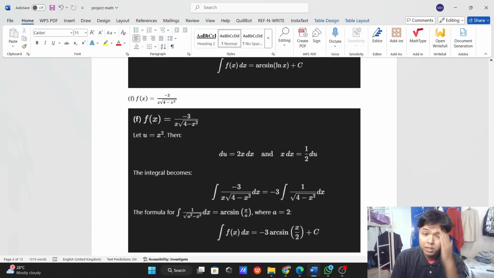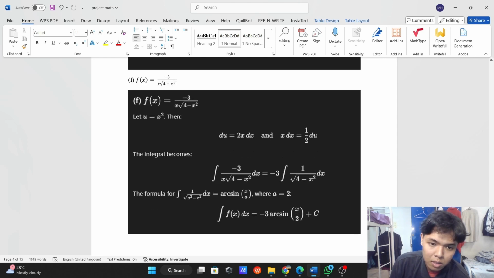For the final question, f(x) is equal to negative 3 over x root of 4 minus x squared. So let's use x squared as u, and then we will differentiate it into du is equal to 2x dx, and we got x dx equal to 1 over 2 du.